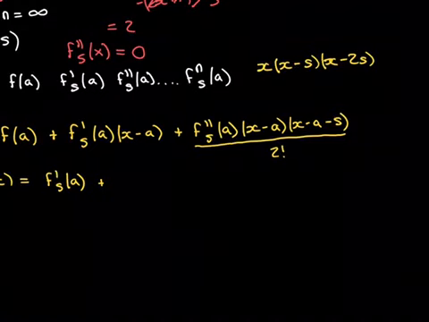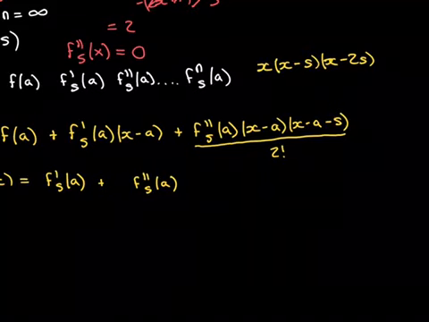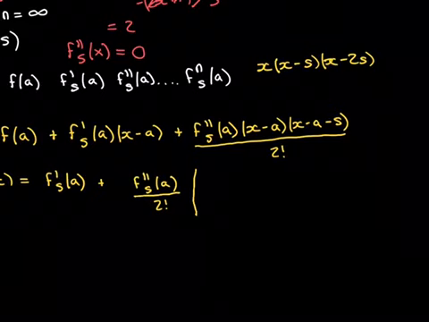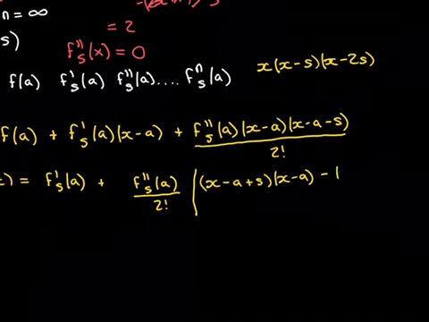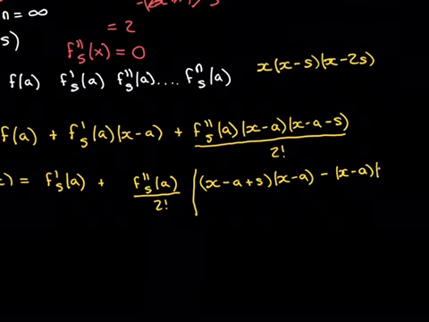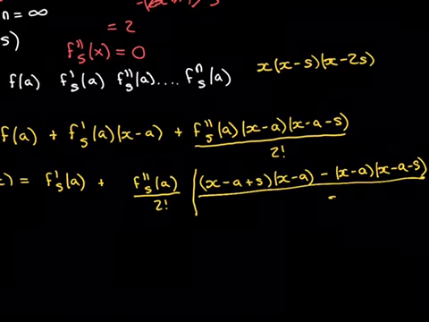So let's differentiate that with a difference of s, so it will be equal to, this is just a constant term, so we can pull that out, and then 2 factorial is also just a constant term, so let's then just differentiate the bit inside. So it's going to be x minus a plus s, x minus a, so that's this bit evaluated at x plus s, and then we're going to subtract off what it is at x, which is x minus a, x minus a minus s, and then divide all of that by s, like so.